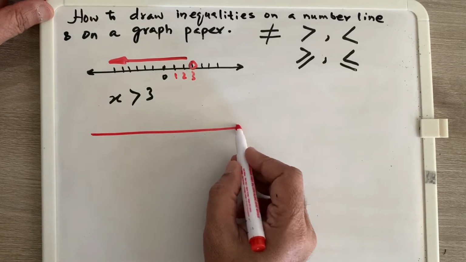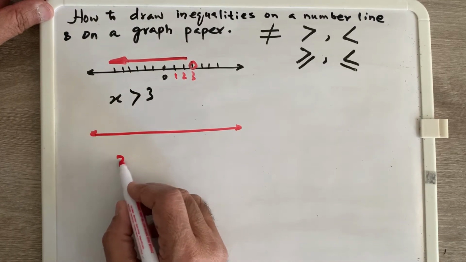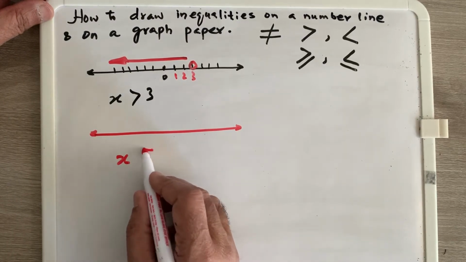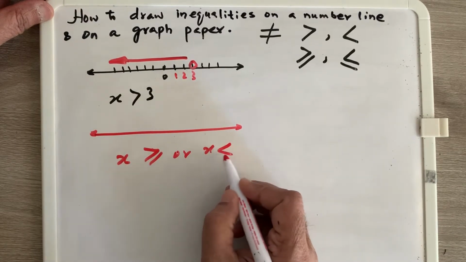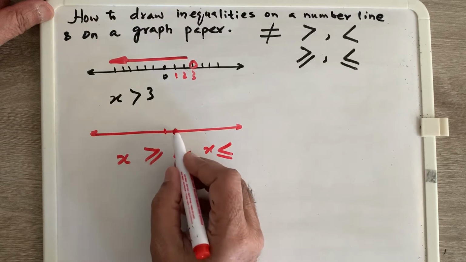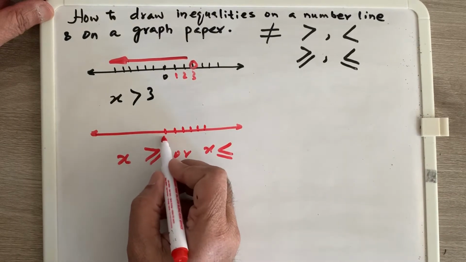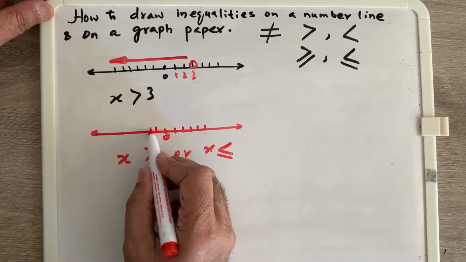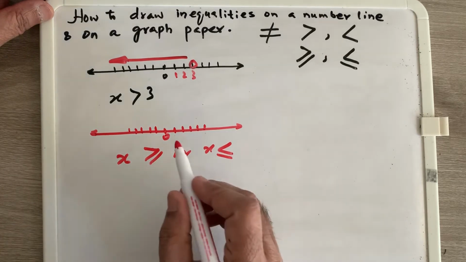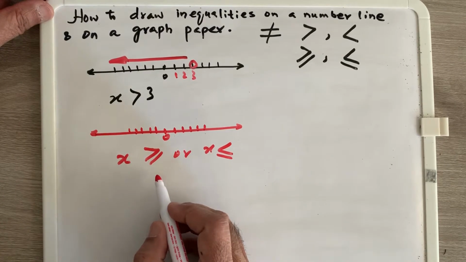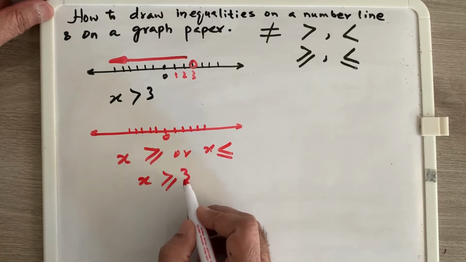And if we have a number line and an inequality of x is greater than or equal to, or x is less than or equal to, then what do we have to show? 1, 2, 3, 4, 5. Let's say this is my 0, minus 1, minus 2, minus 3, minus 6, all those marks on the number line. This time my expression is x is greater than or equal to 3.